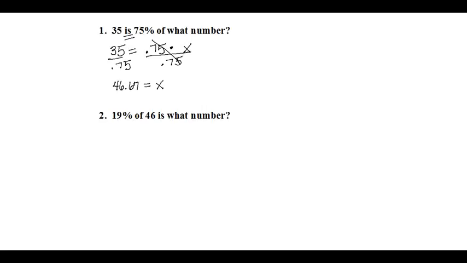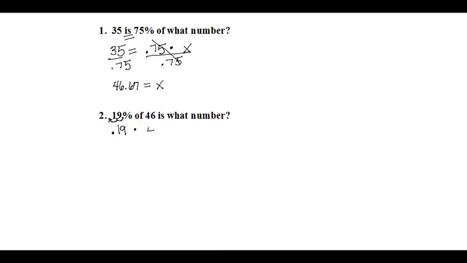Moving on to number 2, 19% of 46 is what number? Once again, let's make that percent into 0.19. All I did there was, if it's a percent, we can make it into a decimal by dividing by 100, which is moving our decimal to the left 2 places. So 19% of is going to tell us to multiply, remember?